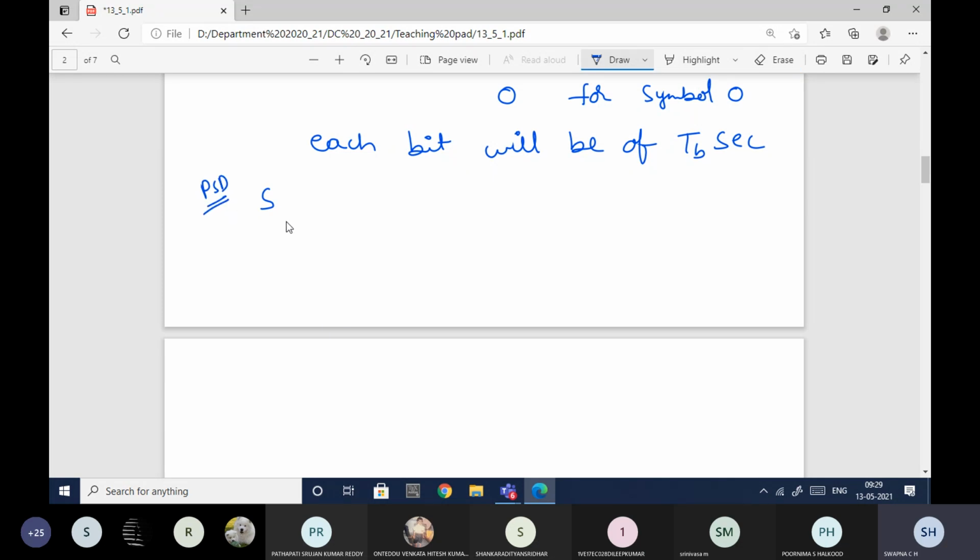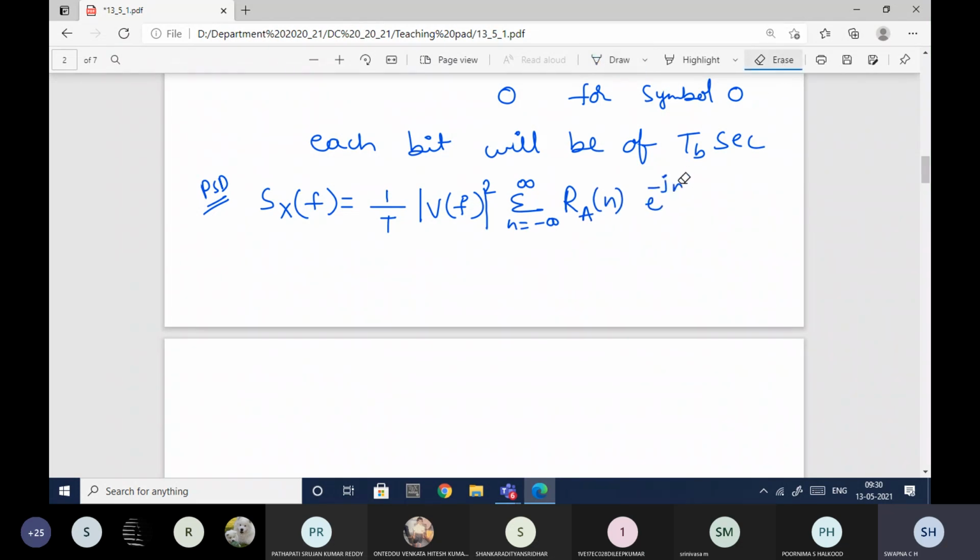It can be calculated in general as S_x of f is equal to 1 by T mod V of f whole square, summation n equal to minus infinity to plus infinity of R_A of n e power minus j 2 pi f n T. But here each bit duration is T_B seconds, so wherever you have T you replace it with T_B.